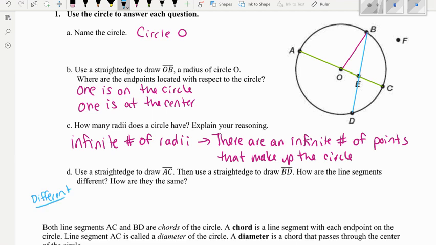So they are different because we can see that AC goes through the center. And BD does not. And then how are they the same? You can see that both AC and BD have endpoints on the circle.